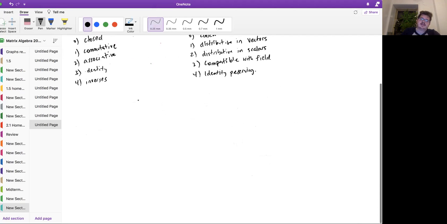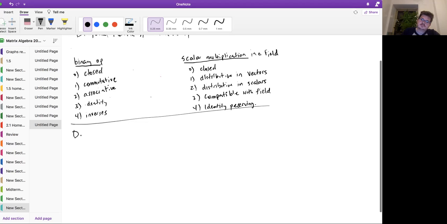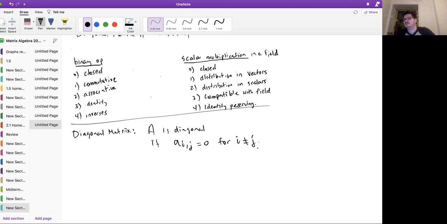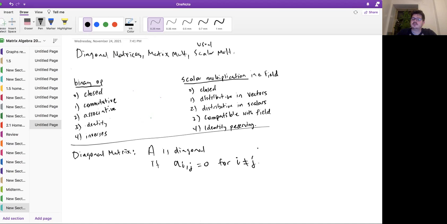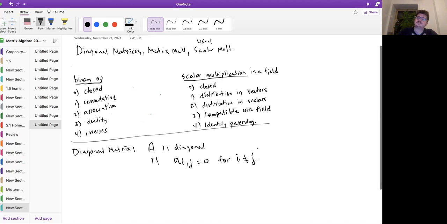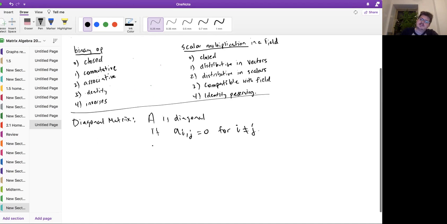So what is diagonal? Okay, so A is diagonal if Aij is equal to 0 for i not equal to j. So that's what diagonal means. So the only things that are possibly not 0 are the things in the diagonal. So you can also think of it as both upper and lower.